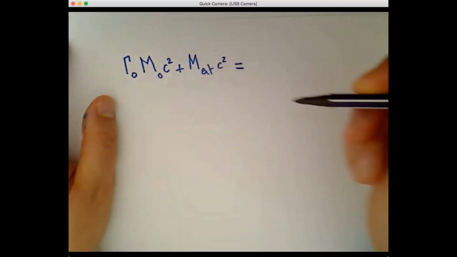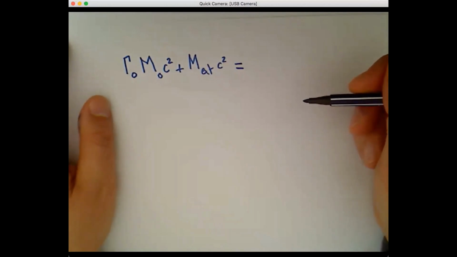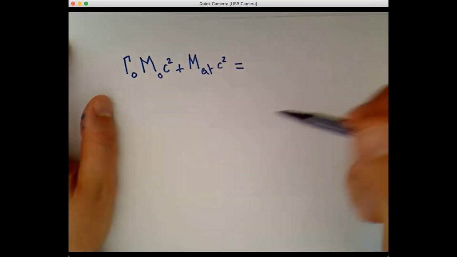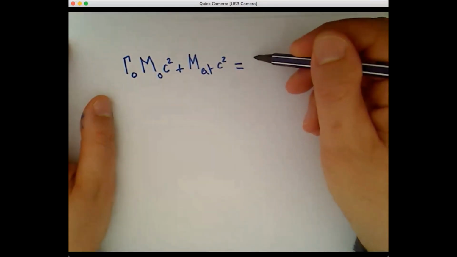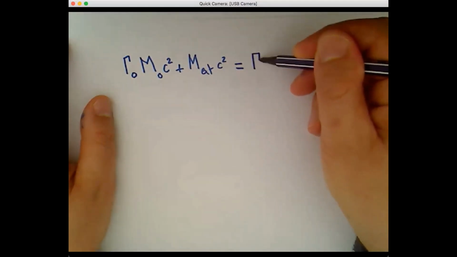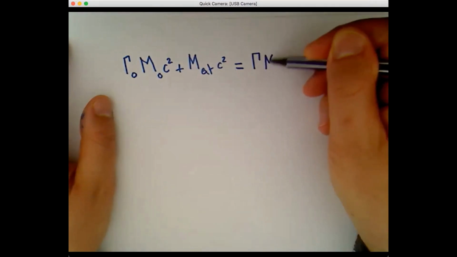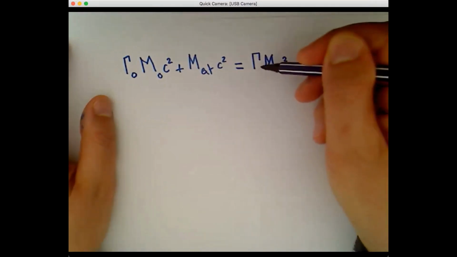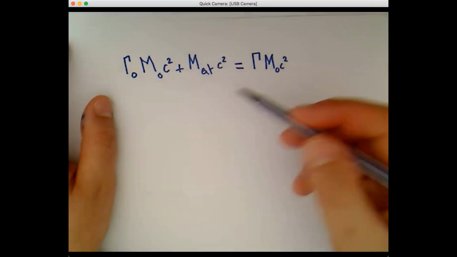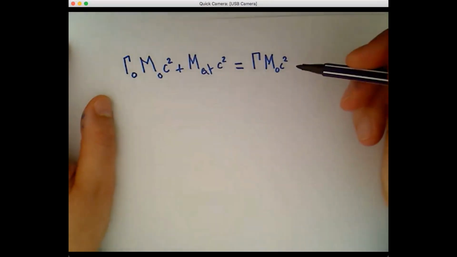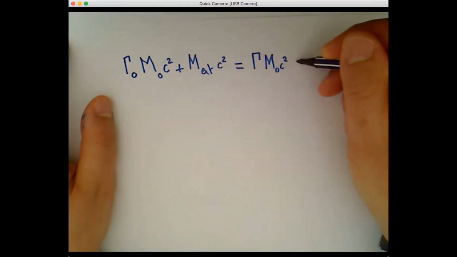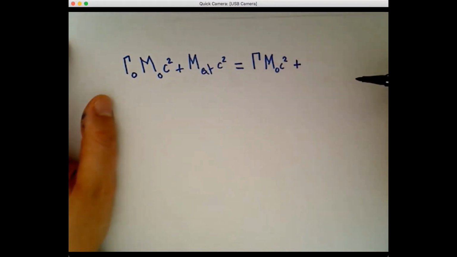And if I have energy conservation, once the ejecta starts to be decelerated by the ambient medium, its kinetic energy becomes gamma m0 c squared, where the new Lorentz factor is lower than the initial Lorentz factor. This is a deceleration. And the energy has now been transferred to the shocked external medium.